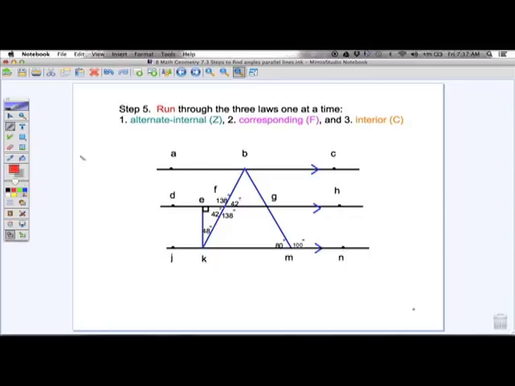Then we do our corresponding laws, and I'll just highlight here some of the ones we can see. Because we have 3 sets of parallel lines, we have lots and lots of laws here. We have a Z, our alternate angle, so that means that this one has to be 80. We have interior. There's a C right here.